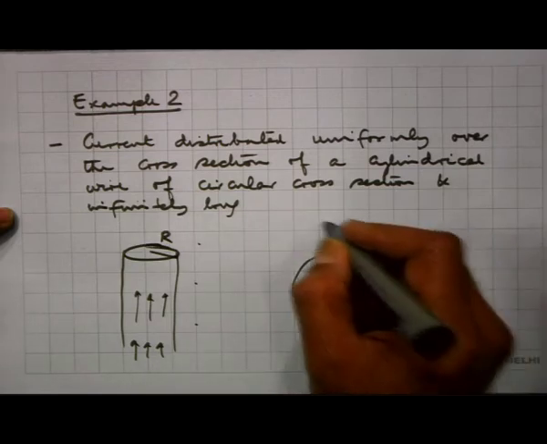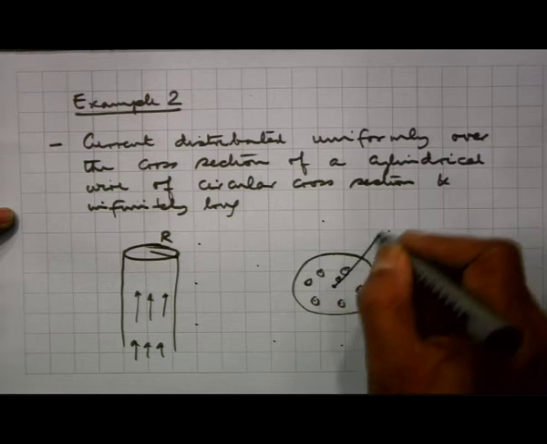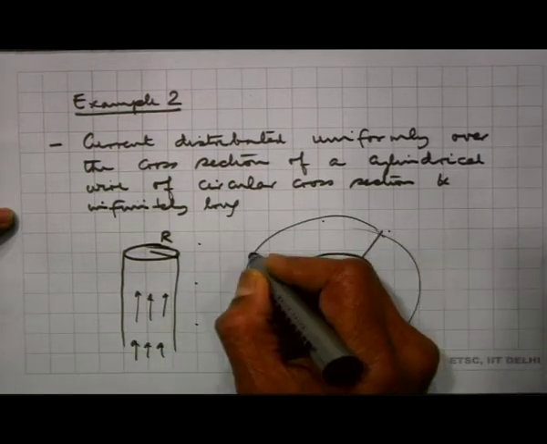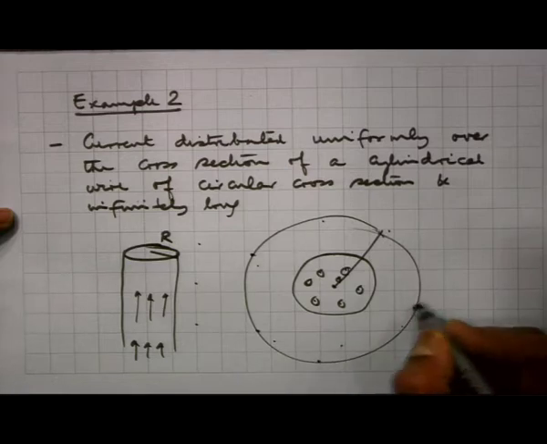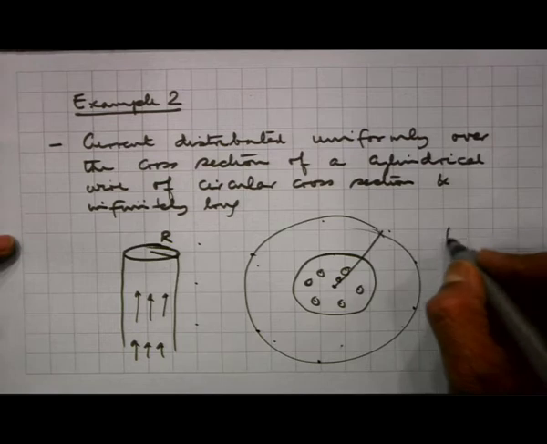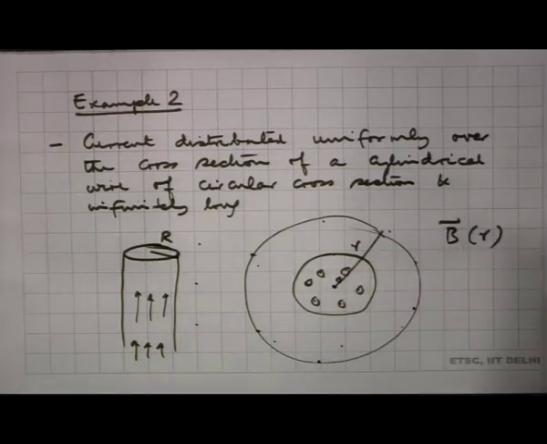That means it will be the same everywhere as a function of angle. If I take a certain distance and calculate the magnetic field at any point along the circle, it has to be the same, because there is no difference between this point and this point. So, the magnetic field can only have an r dependence, on the distance from the center of the wire.